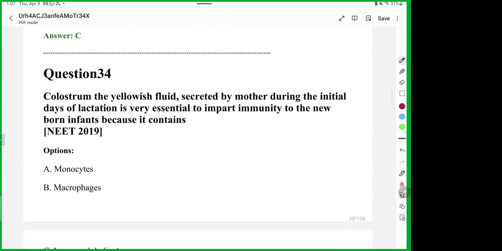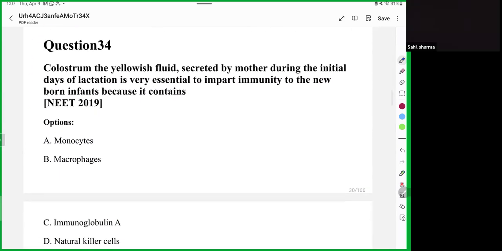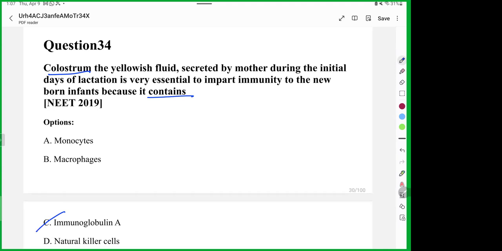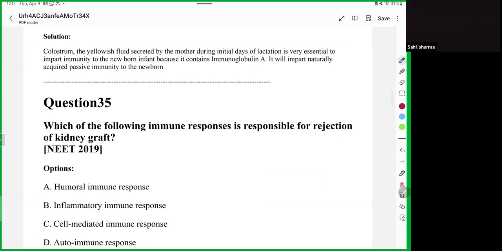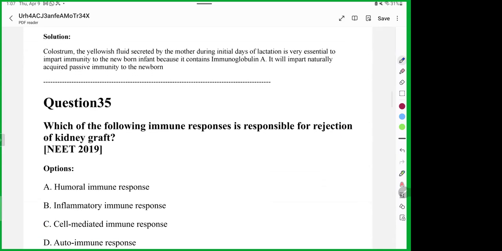Sahil. Yes, sir. Sir, correct? Option C. IgA. Next, Brinder. Graft rejection, cell mediated immunity.